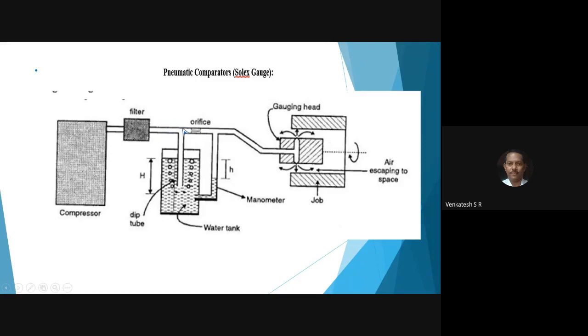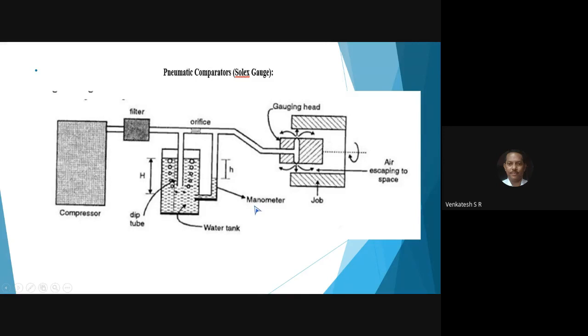Orifice is used for the measurement of air pressure, that may be 0 to 10 or 0 to 50 or 0 to 100. If you come to the back side of my chamber, we have the hydraulics lab. I will show you the orifice, manometer, and how to use the manometer for pressure measurement.